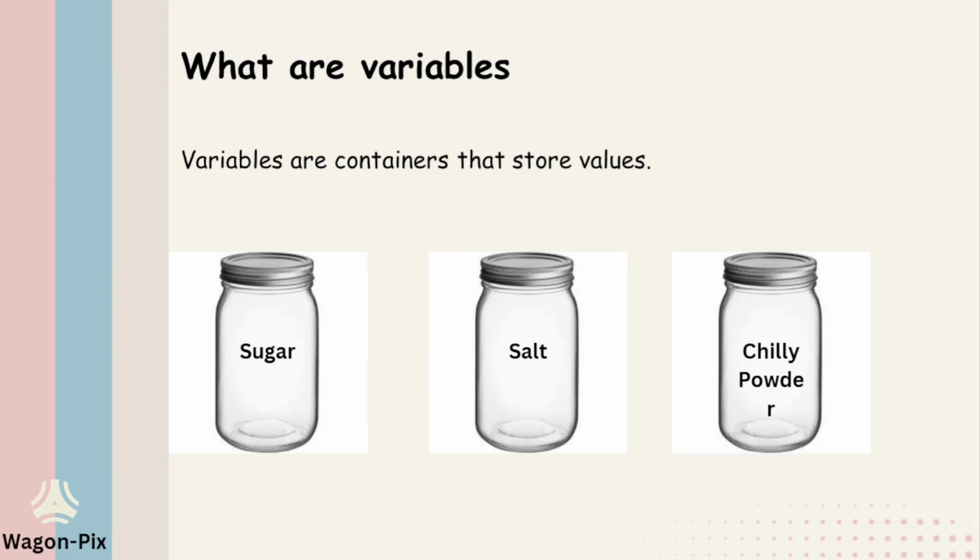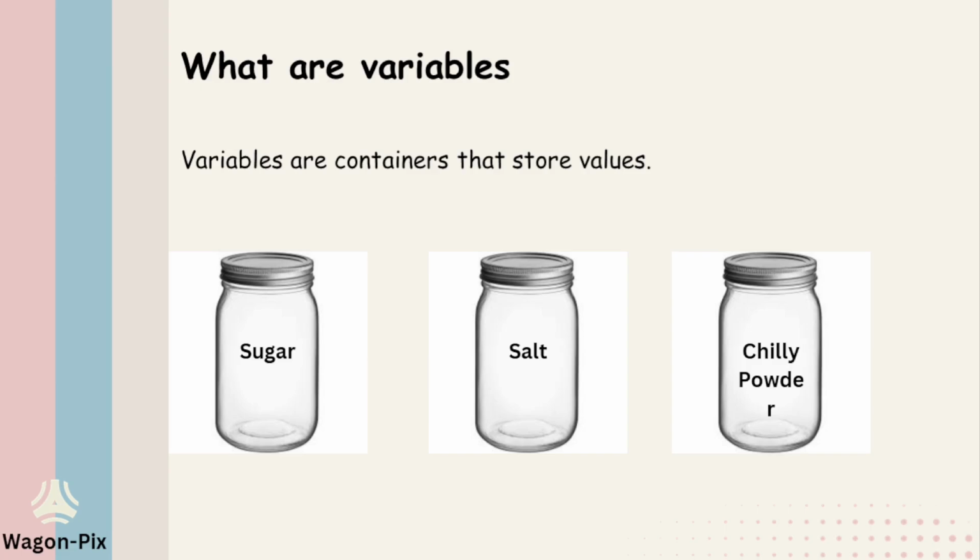For example, in a sugar jar, we only store sugar, and in a salt jar, we store only salt. So whenever I come in next time, I don't need to go and check every jar, I know where the sugar is, I know where the salt is. That is the storage system which we follow in our day-to-day life. Similarly, we need a similar storage system in our coding world.